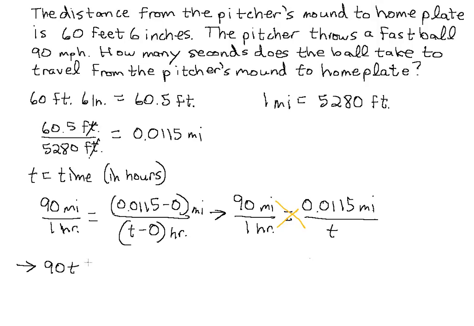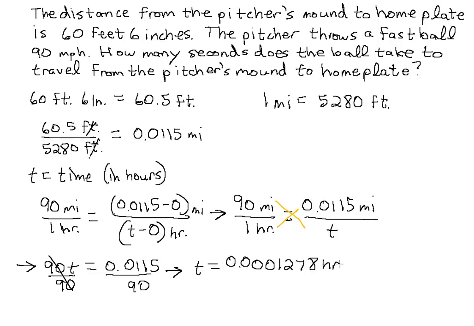We have 90t equals 0.0115. We can solve for t by dividing both sides by 90. These two terms cancel, which gives us t equals 0.0115 divided by 90, which gives us 0.0001278 hours.